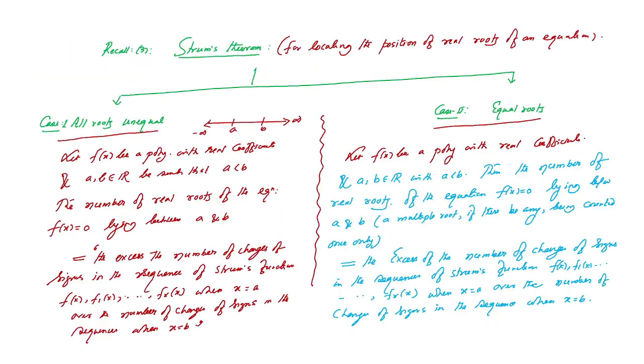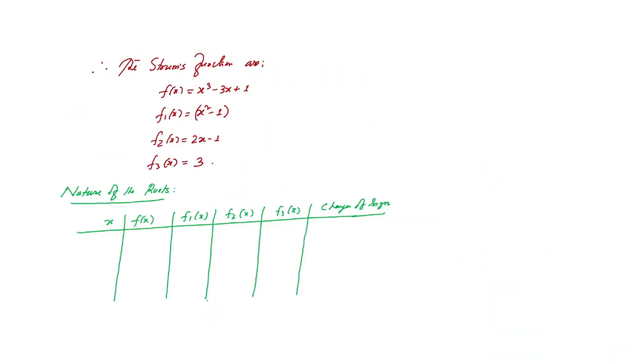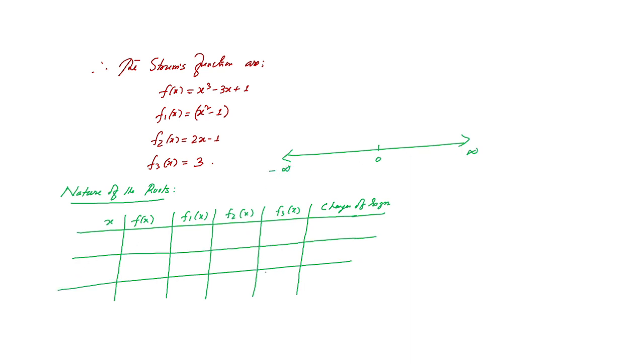Changes of sign means here we will apply the theorem: the number of changes of sign in the sequence of Sturm functions of f(x), f1(x), f3(x) when x equals a and x equals b. Here we are searching for the real roots, so 0, infinity and minus infinity. First we will put minus infinity.